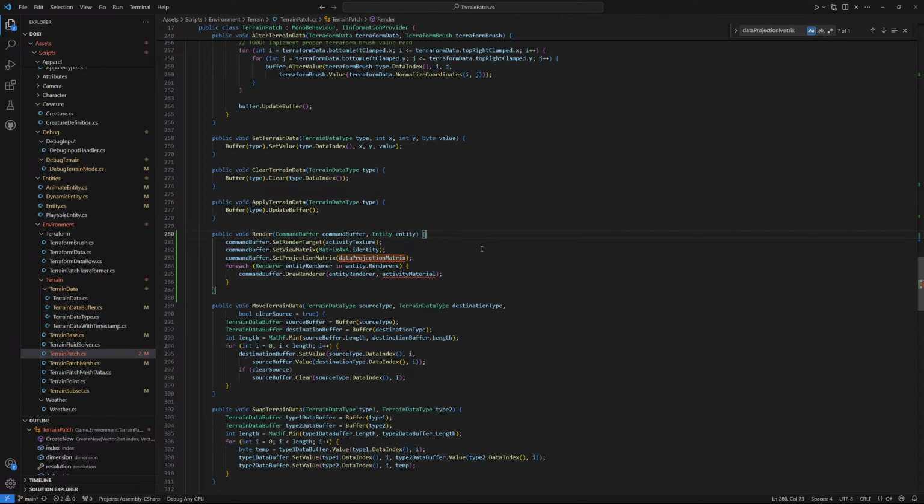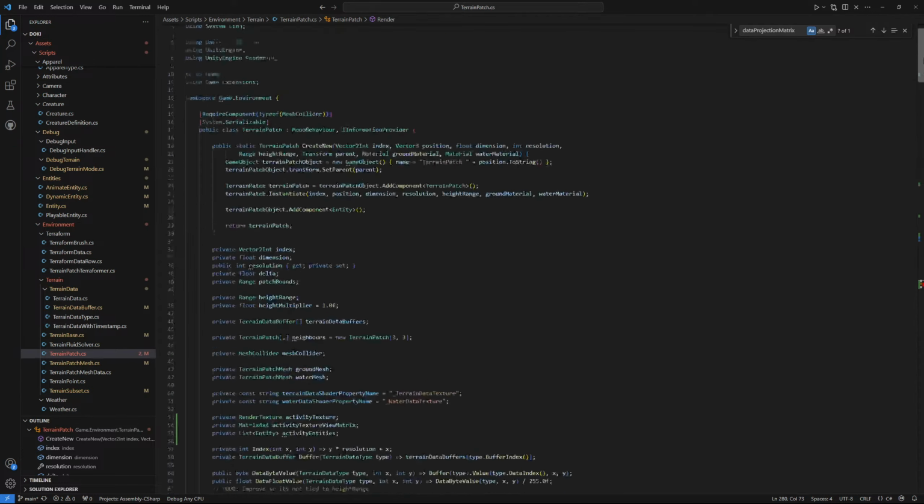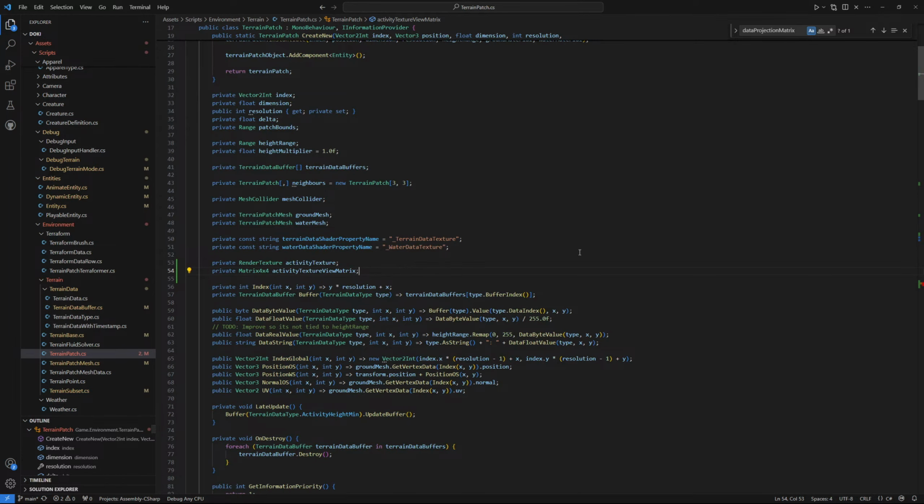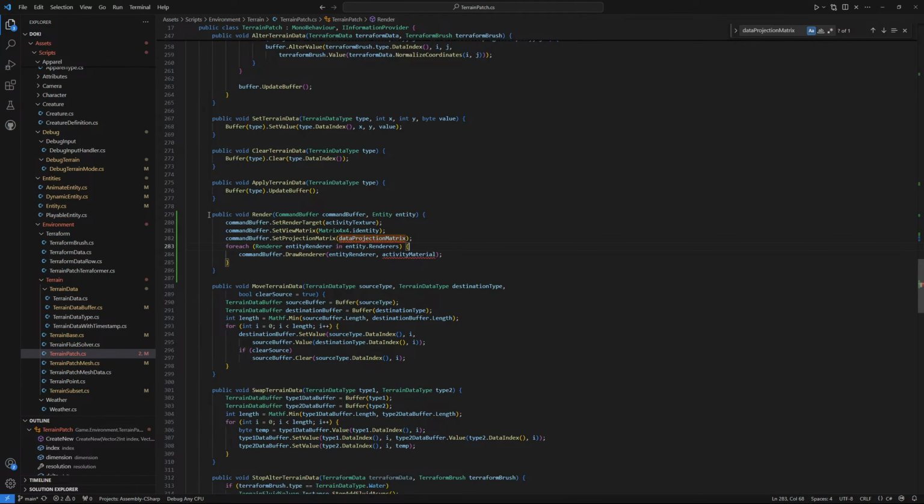But I think, yeah, I'm pretty sure I don't want activity entities here. I don't think I want this one here at all. Activity texture, view matrix.